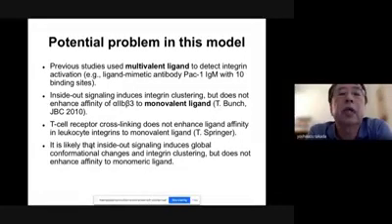So they use a multivalent ligand to detect so-called integrin activation, which is actually integrin clustering, and then probably global conformational change. But they were not able to detect enhanced integrin affinity using a monovalent ligand. So something is missing.